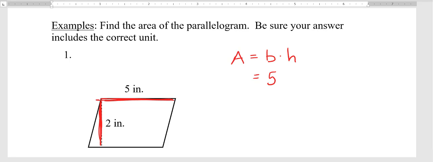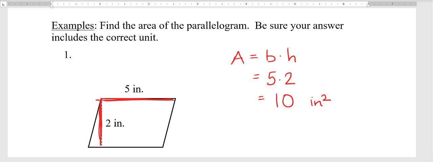I'm going to do 5 times 2, and 5 times 2 is equal to 10. Since we're finding area, our answer has to be in square inches. And we write that as inches with a superscript of 2, inches squared.